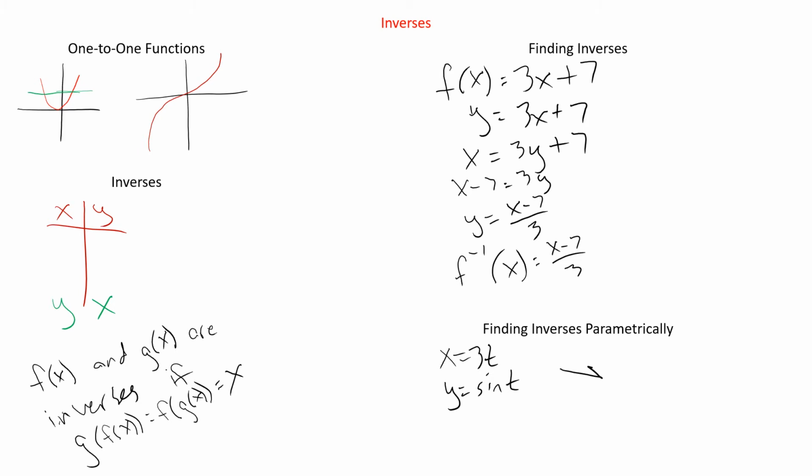So the inverse is x equals sine t, y equals 3t. Is that not beautiful? So easy. The parameter may change a little bit, but you just flip it around. That's all it is.